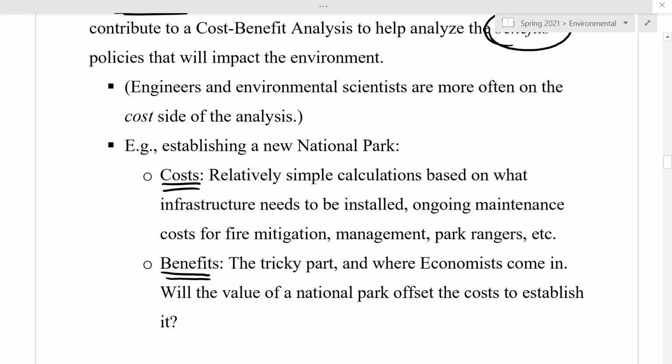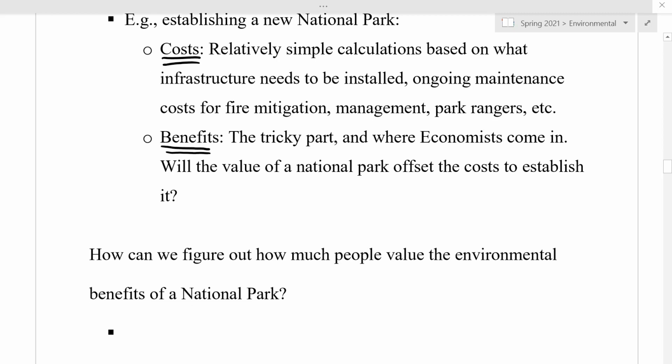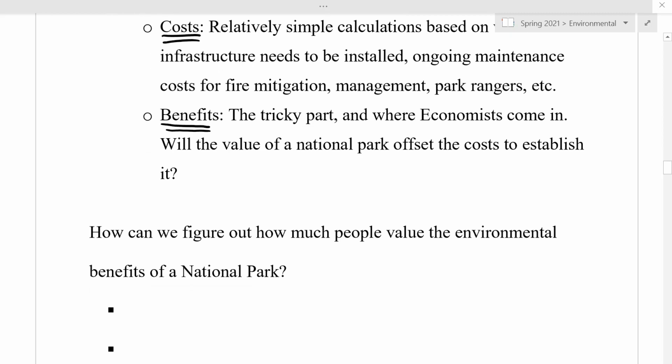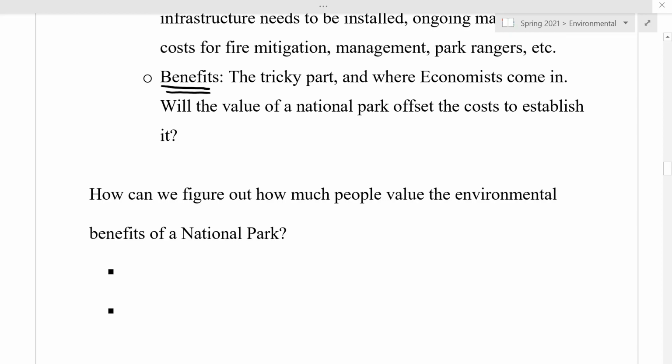So what I want you to think about here, which is going to lead us to the next video, is how can we figure out how much people value the benefits of a national park? So I'll give you the two answers here, but then we're going to talk about them in detail in the next video. So think about that for a second, pause if you need to, but essentially there are two primary ways.